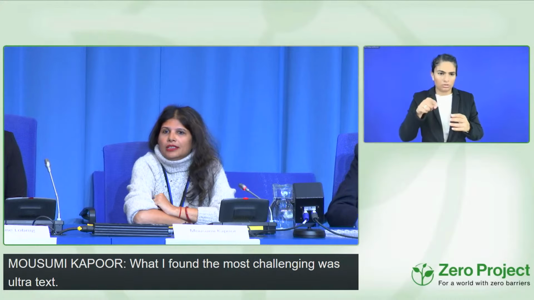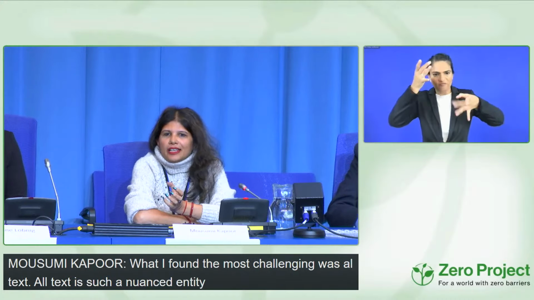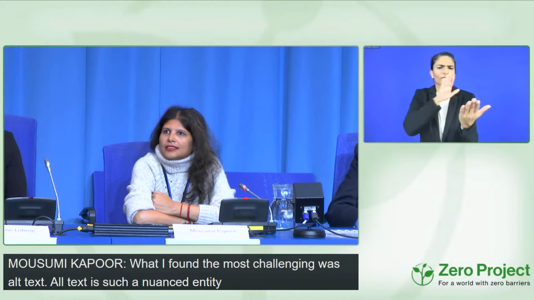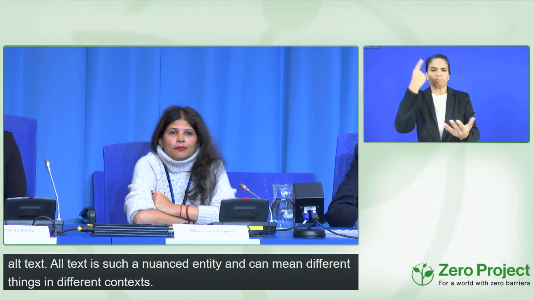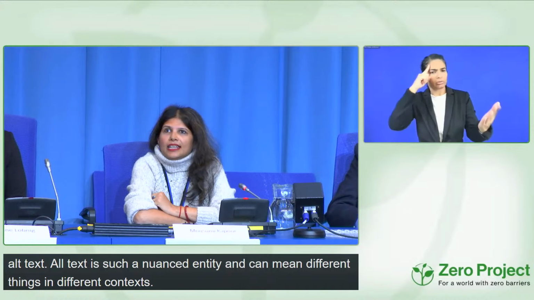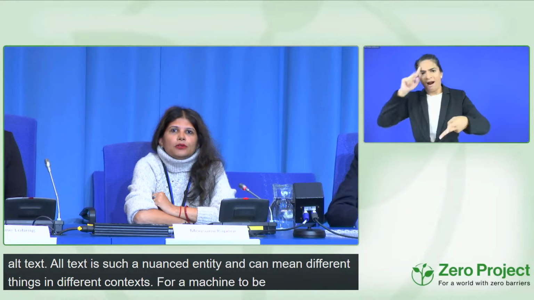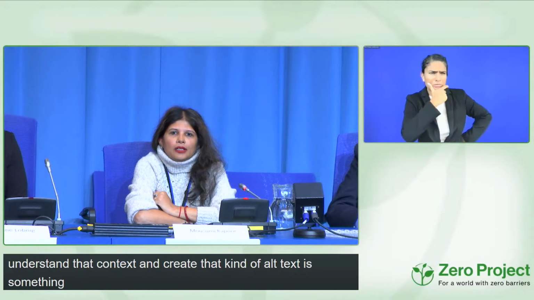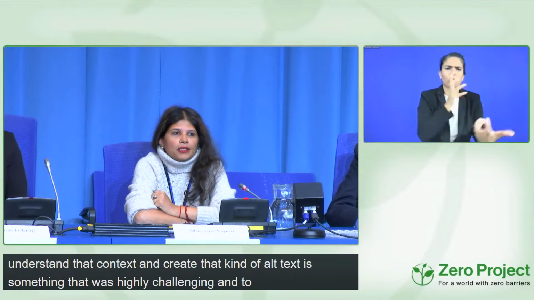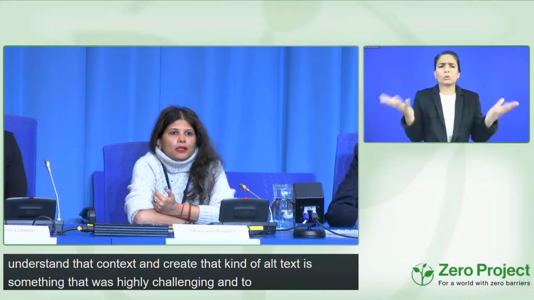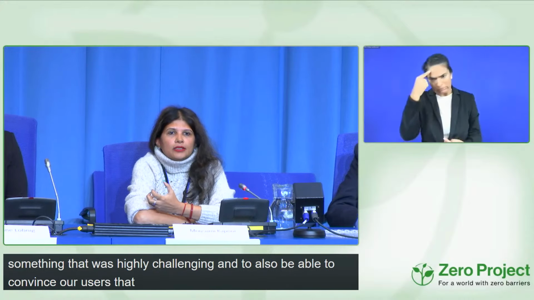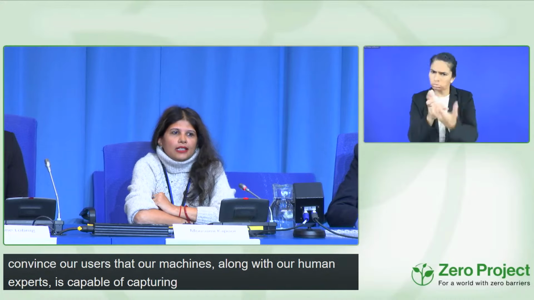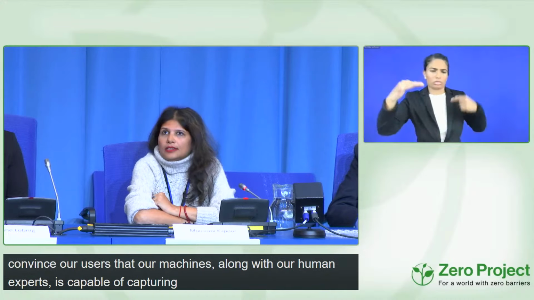For a machine to understand that context and create that kind of alt text was highly challenging, and also to convince our users that our machines, along with our human experts, are capable of capturing all these nuances and creating high quality alt text was one of the challenges that we faced.